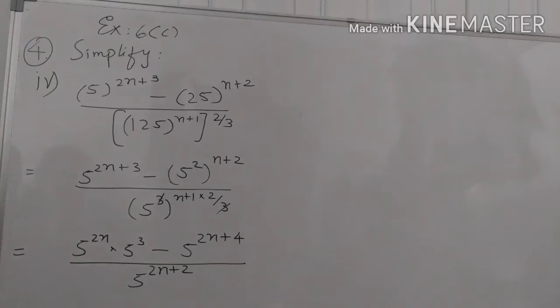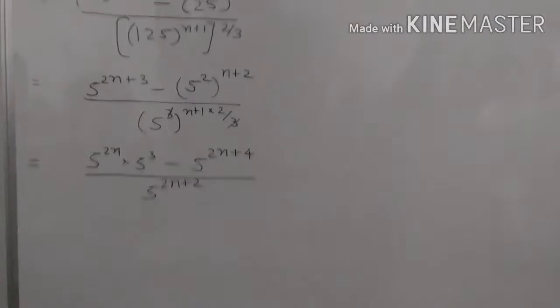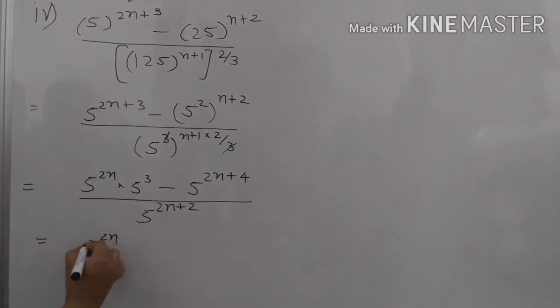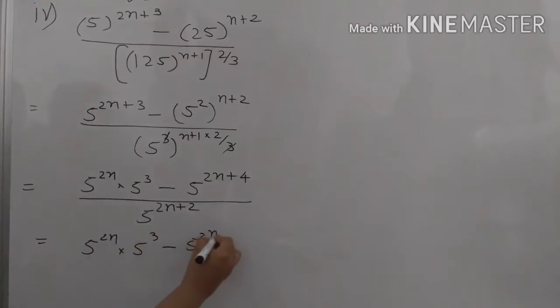Now you see here is a plus sign and here is a plus sign, so we want to remove this plus sign by splitting the term. In the next step: 5 raised to 2n into 5 cube, minus 5 raised to 2n into 5 raised to 4.